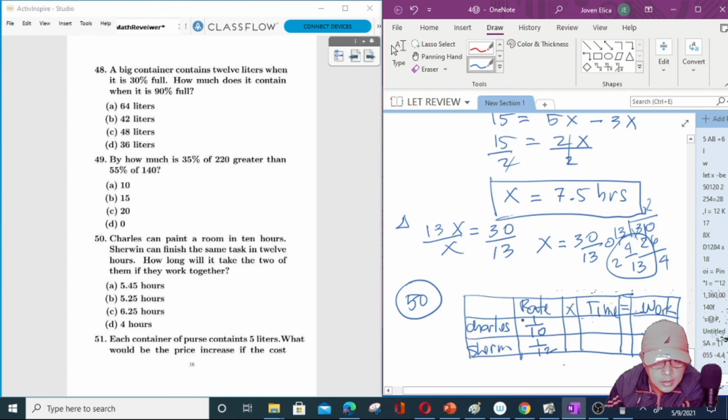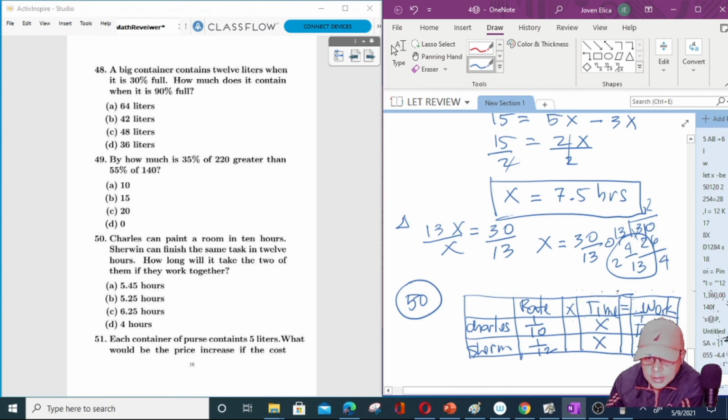How long will it take the two of them if they work together? The time is the same. x represents the time for them to finish the job together. So multiply: 1/10 x and 1/12 x.